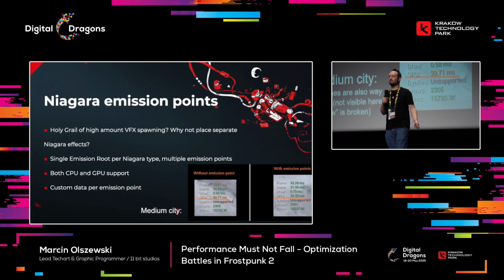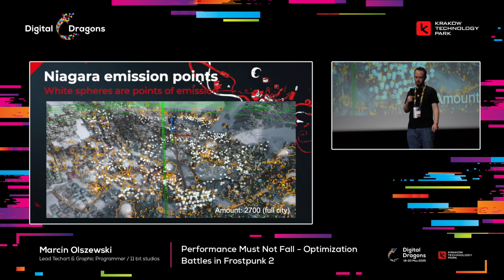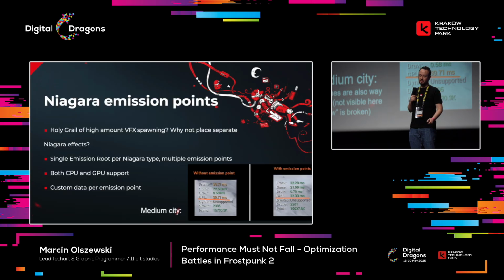For example, to change the fountain from a typical Niagara system to our system takes like 5 minutes or even less. And you can spawn that many Niagara effects, and it's pretty cheap. On the bottom, you can see a comparison for GPU, and here it is around 7 milliseconds.